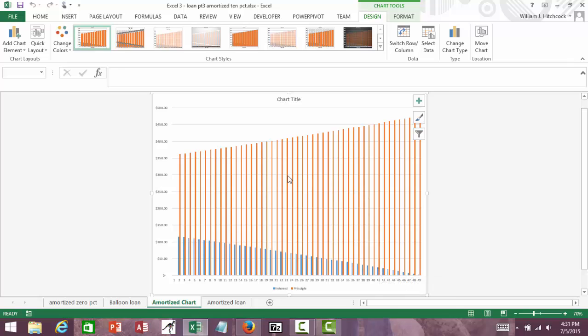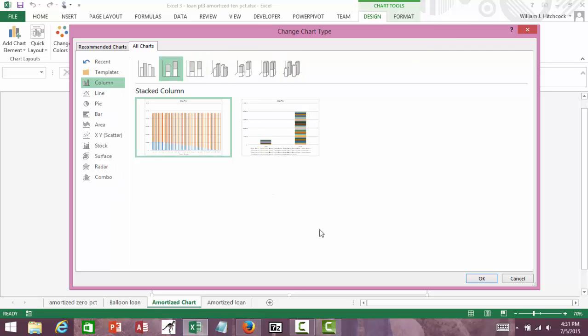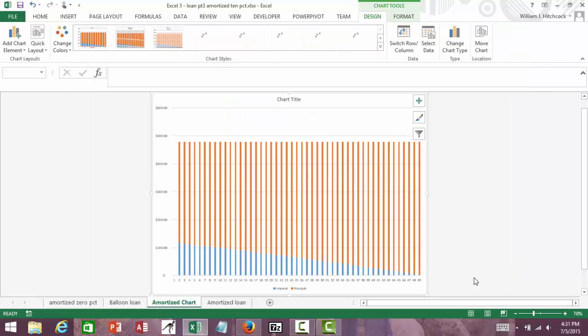So if you don't like using a column chart, you can change the chart type. You might try a stacked column, which kind of gives you interest rate results. Here the top of the bar basically tells you what your payment is, and you can see how much of it is going towards interest versus how much is going towards principal. It's not too bad of a chart to do that. And we'll just say that this is the amortized loan.